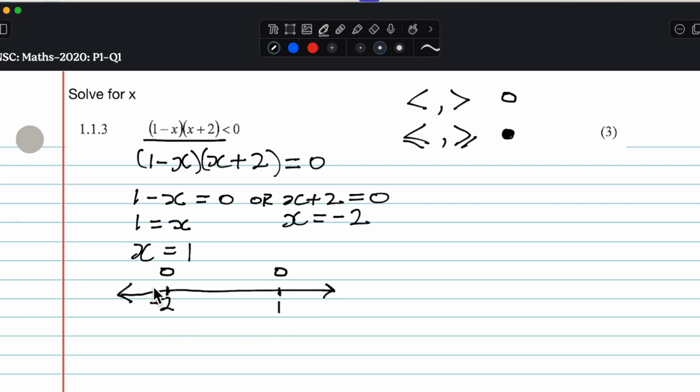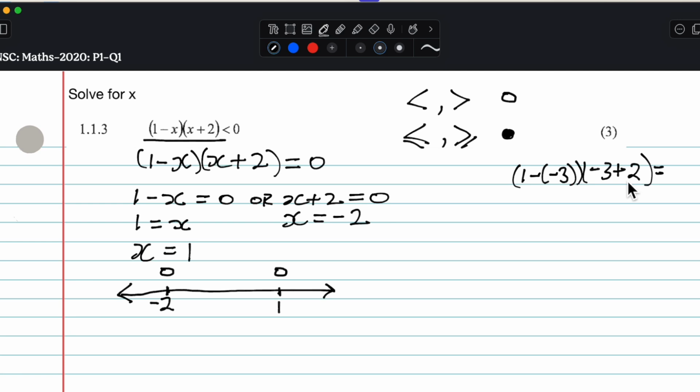So if we substitute, for example, choose any number that is less than negative 2. In my example, I'm going to substitute negative 3. So this means I will have 1 minus negative 3, close parentheses, and then negative 3 plus 2. Let's see what this gives us. Do we get a negative or positive value?